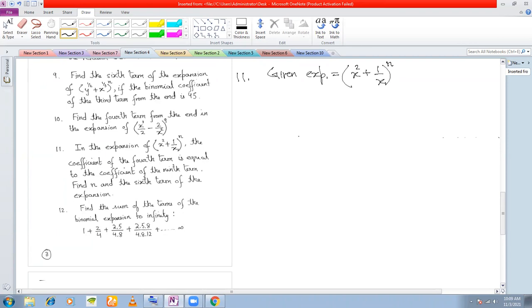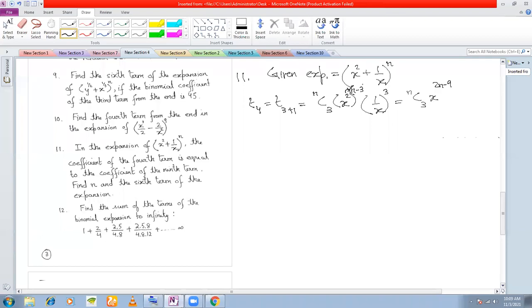Because we need to find the coefficient of the fourth term, we find the fourth term. T4 is equal to T3 plus 1, which is equal to NC3 x squared to the power of n minus 3 into 1 by x to the power of 3. So you get NC3 x to the power of 2n minus 9. Now be very careful when you're multiplying these two.